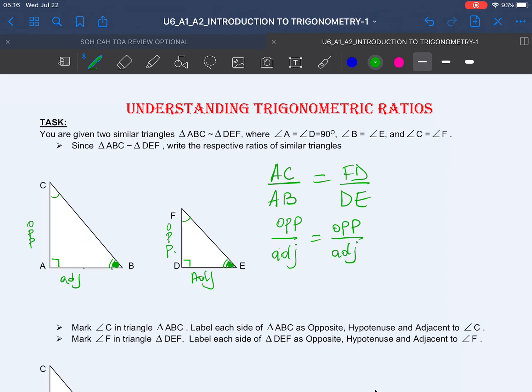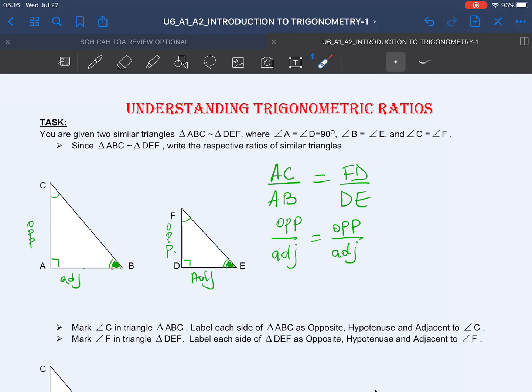So what we are trying to do in here is indicate that the ratio of two pairs of sides in a triangle, no matter how large or how small the triangle is, the ratio of the side opposite over adjacent is still the same. That will give the angle B, which is the same as angle E, a special trait or a special character.